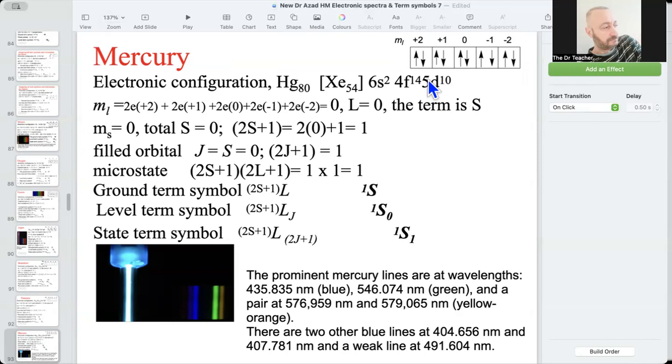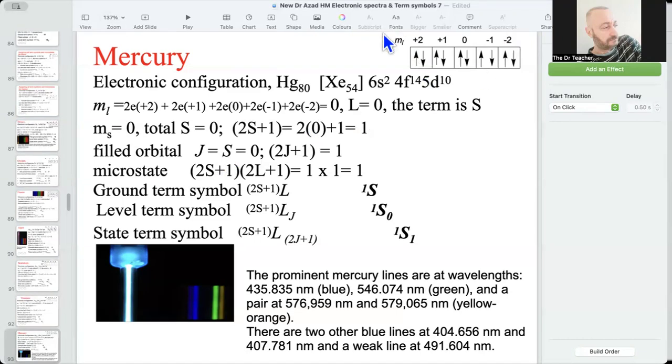So if you count the ML, you say 2 times plus 2, 2 times plus 1, 2 times 0, 2 times minus 1, 2 times minus 2. So all the values of ML will become 0. What does it mean, 0? L equals 0, the term will be S. 2S plus 1 is 1. J equals S.